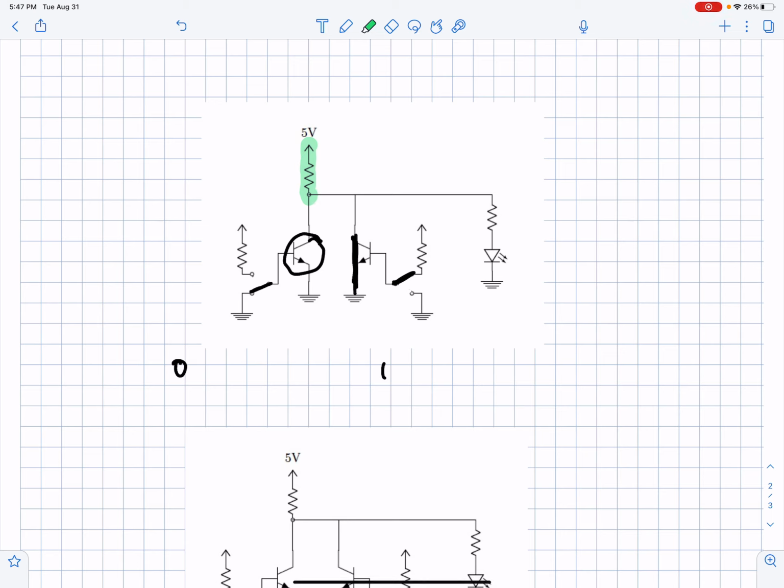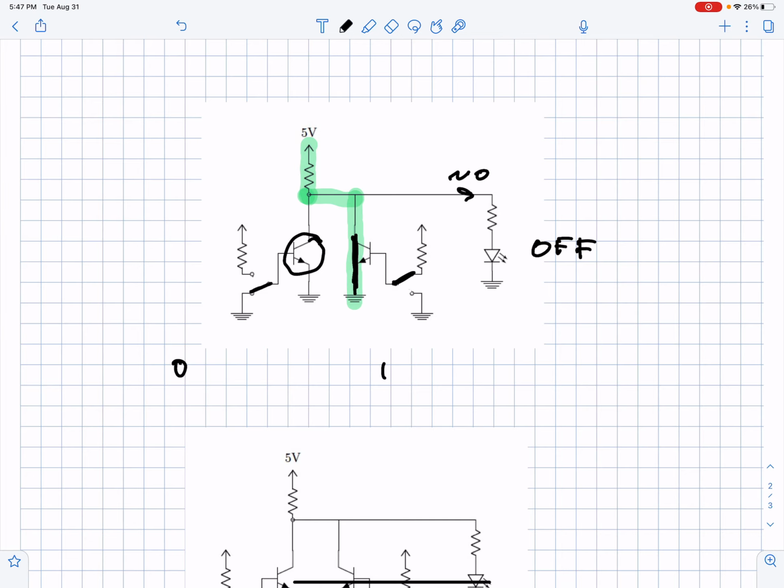I can't go down because that's an infinite resistance, but this is essentially 0 resistance, so I'd have a path down to ground. Because I have that path down to ground, I wouldn't have any, or at least I'd have very small, almost 0 current going through the LED. Not enough to light it up, and therefore the LED would be off.